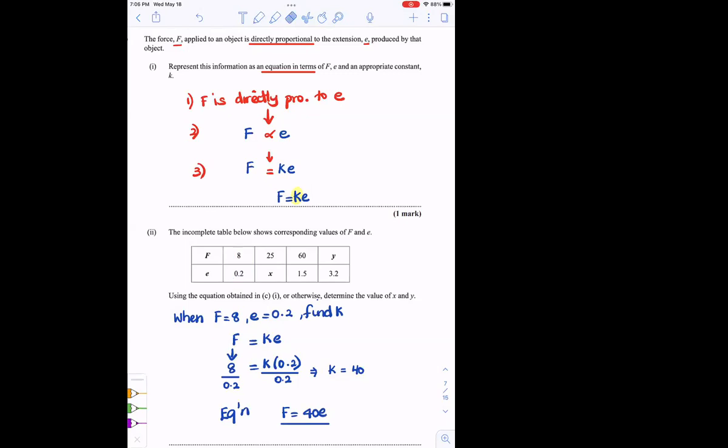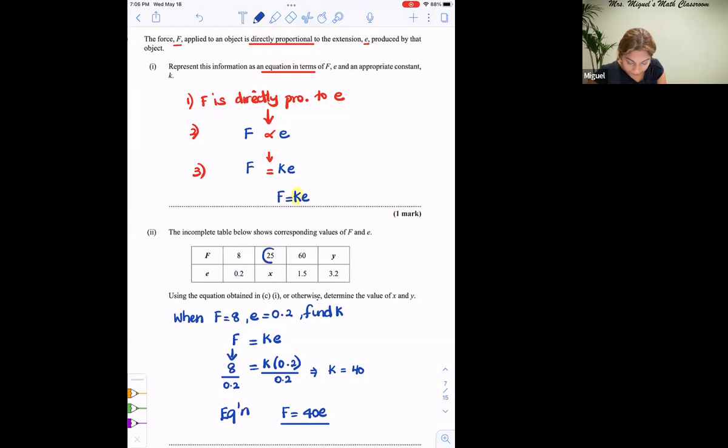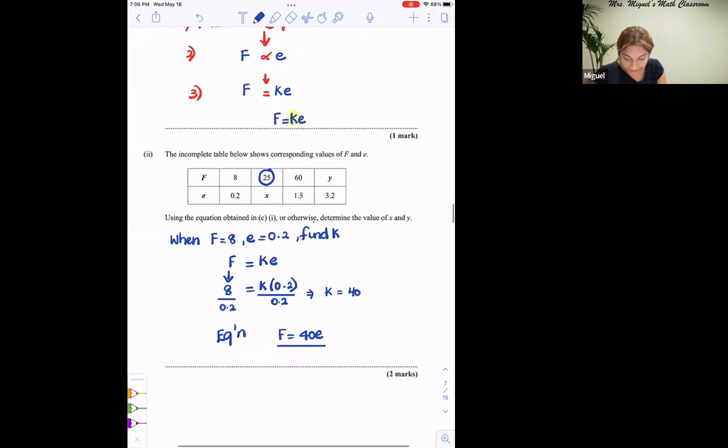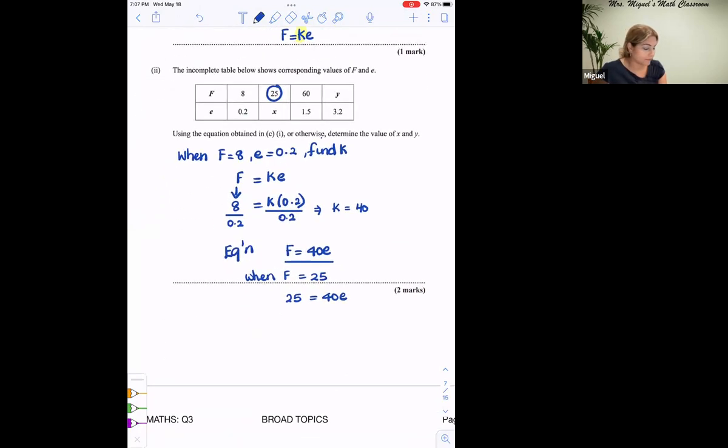Now, I want you to substitute F as 25 and find E. Now, when F is 25, find E. 25 is equal to 40E. So we need to divide both sides by the number in front of E because we need to find E.